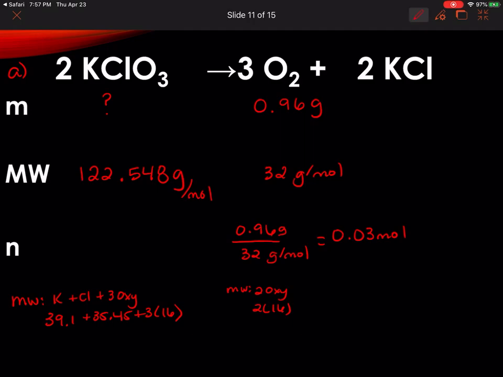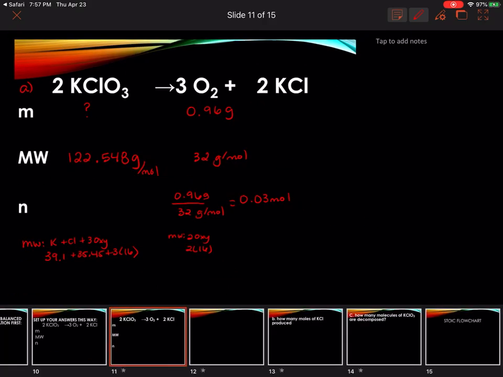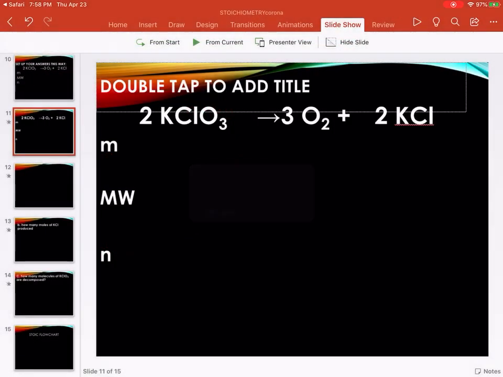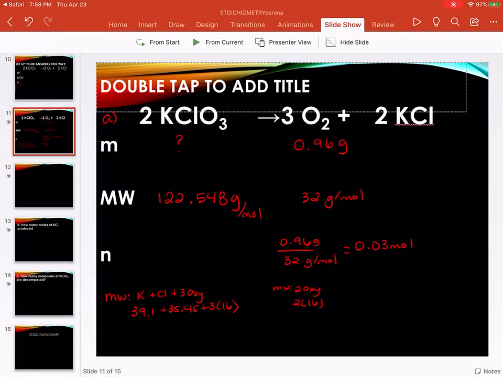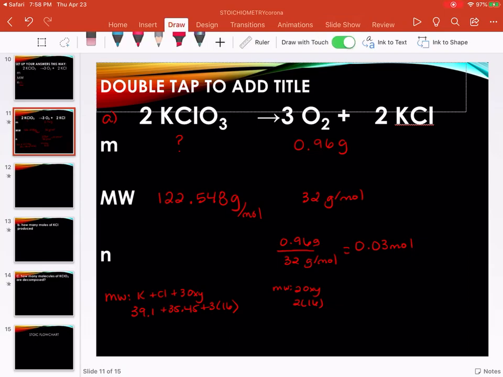It doesn't really matter on a paper pencil task. Okay, so now we have the mole amount of oxygen, and we need to convert it into the mole amount of KClO3.